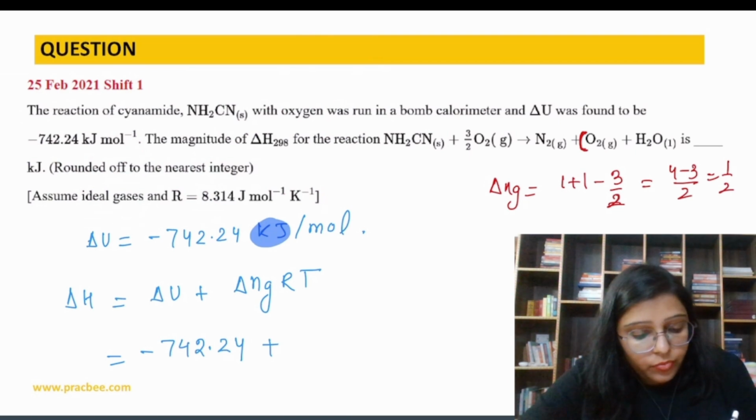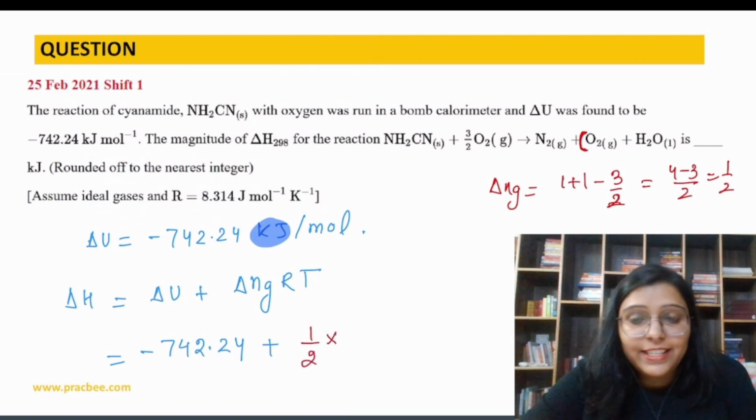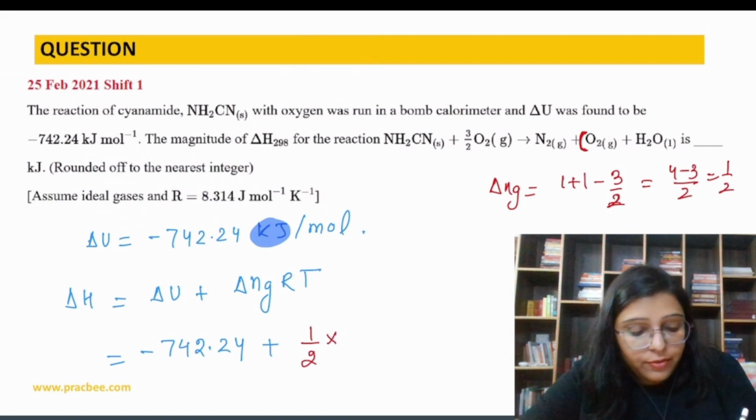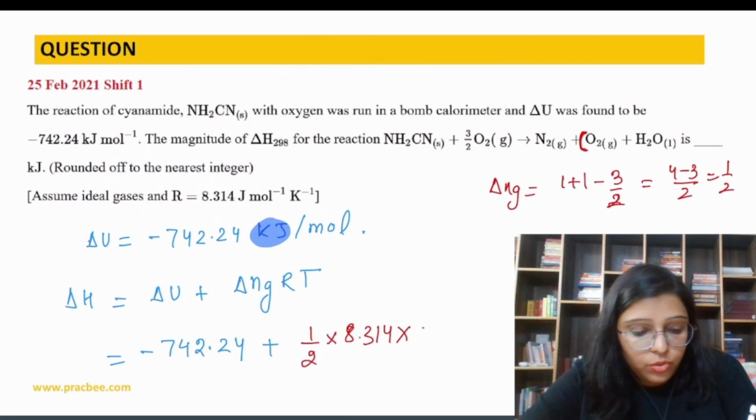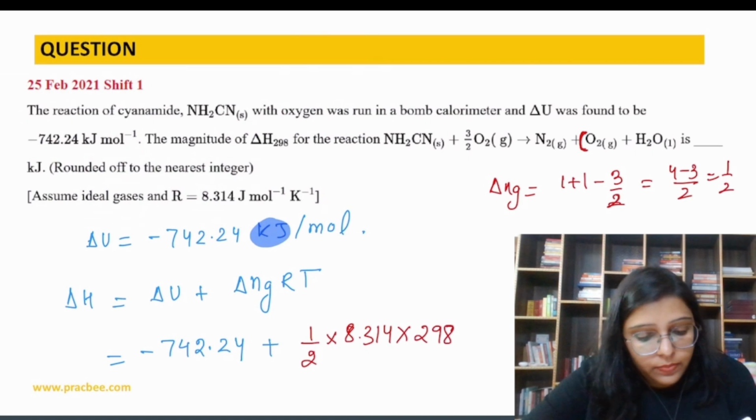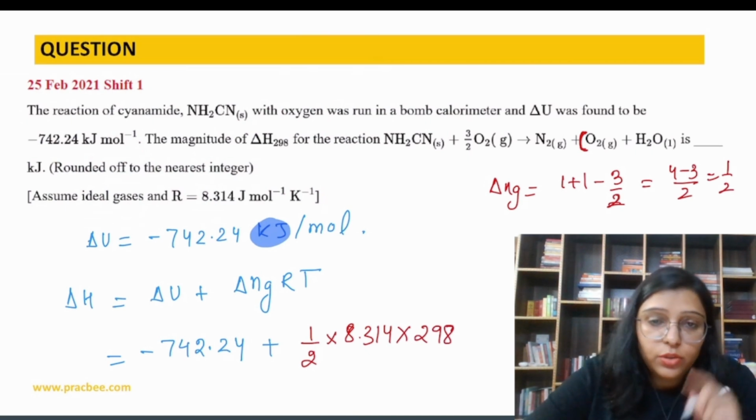So delta nG is 1 by 2, and the R value you have to take as 8.314, and the temperature you have to take as 298. Now you just have to solve the question.